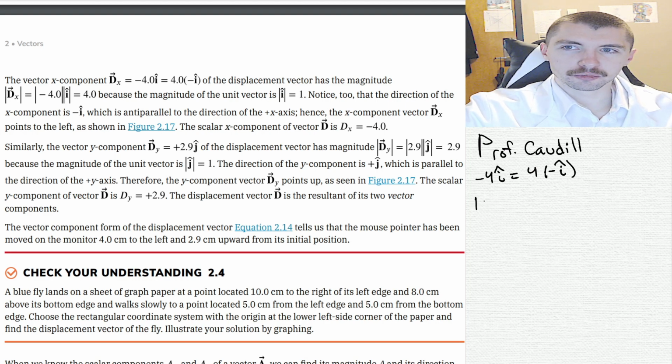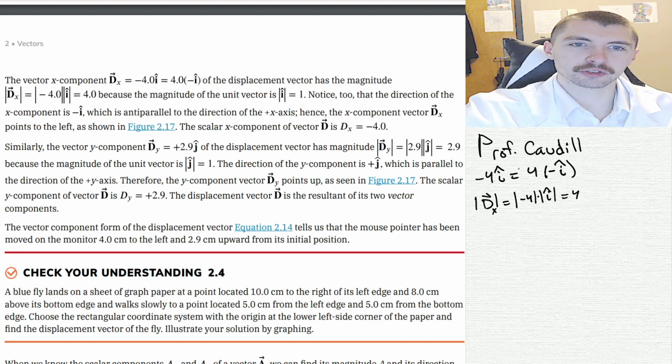Then the displacement is 4 times the absolute value of I hat, which is 4, because I hat's always 1.